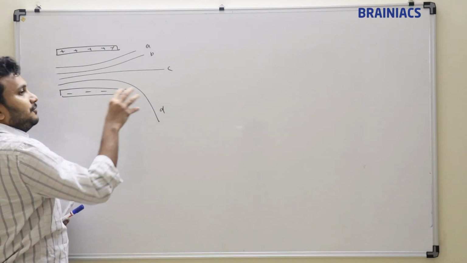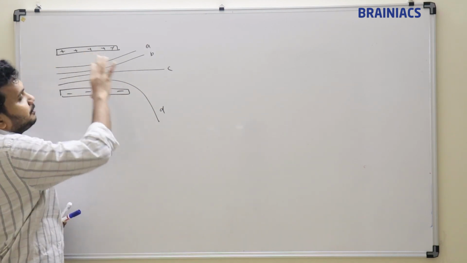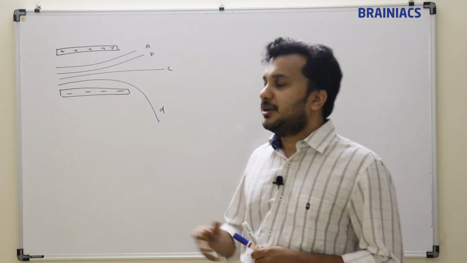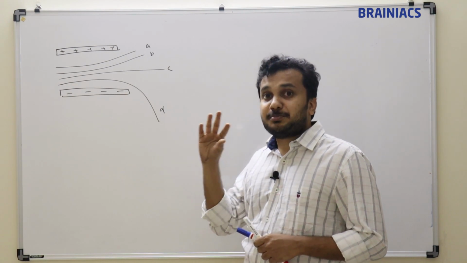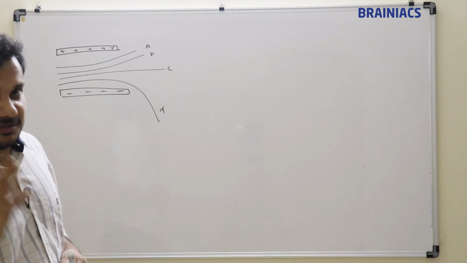Here it is saying, which of the following: four different charged particles are thrown into an electric field. Which of these charged particles will have the highest specific charge, or highest charge by mass ratio?